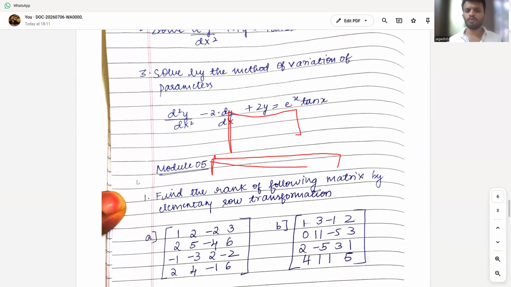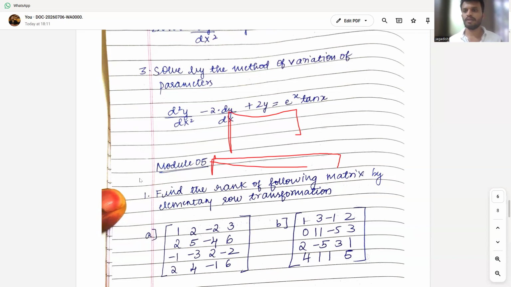Coming to module 5, it's the easiest module and you can score good marks here. You should know the echelon form and how to solve. Echelon form means the starting element should be first, and you have to keep making the down elements zero until you get converted into the row reduced echelon form. Use the concept of pivot and free variables and you will be solving.